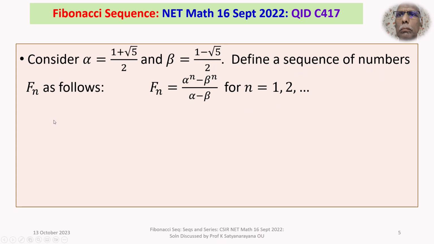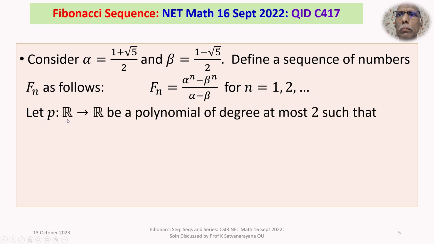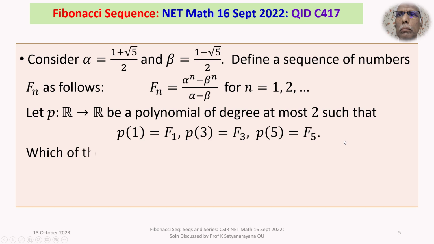Define a sequence of numbers Fn as follows: Fn is equal to (alpha power n minus beta power n) by (alpha minus beta) for n equal to 1, 2, 3, etc. Let P be a function from R to R, a polynomial of degree at most 2 such that P of 1 is equal to F1, P of 3 is equal to F3, P of 5 is equal to F5.